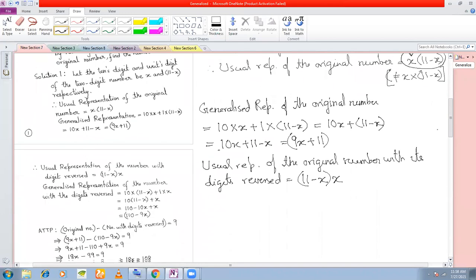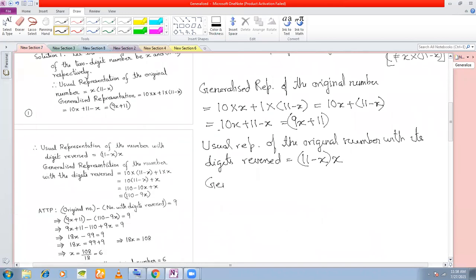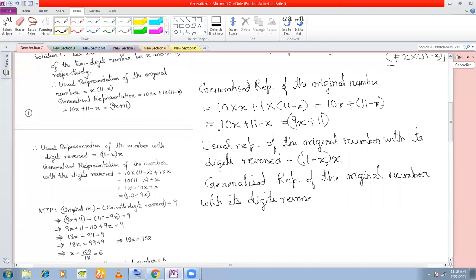This is the usual representation. So what is the generalized representation of the original number with its digits reversed? Now you see here, this is the tens place and this is the units place.